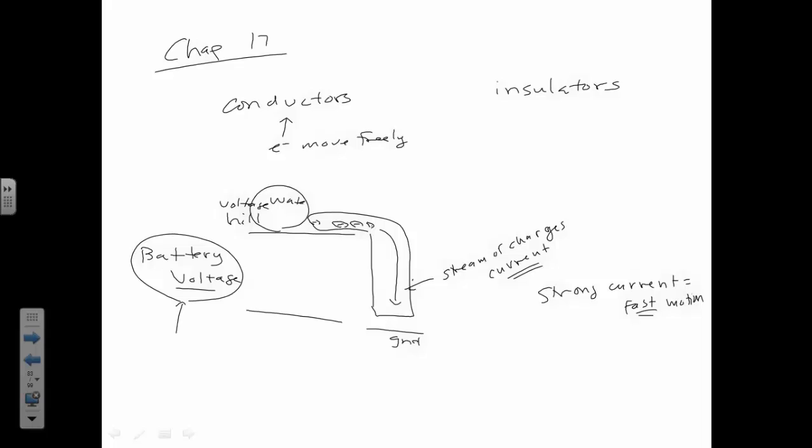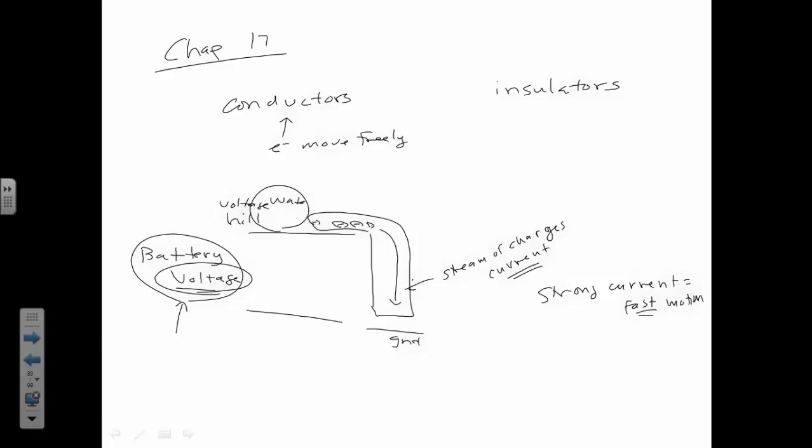And what gives me my hill is what's called my voltage in my battery. That gives me the size of the hill. 9 volts is a hill that's 9 times larger than a 1 volt hill. All right, it's a height. And the things that we're going to drop off that hill are not buckets of water or rocks or balls like we used to use in class. It's going to be electrons.